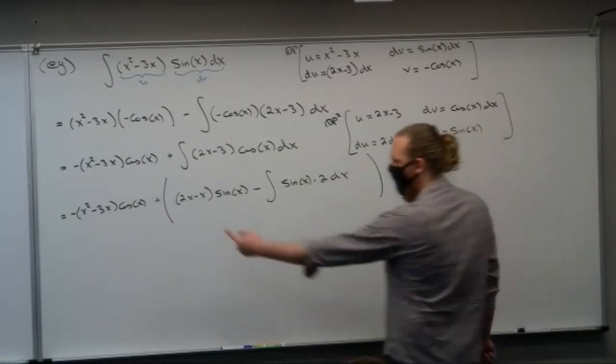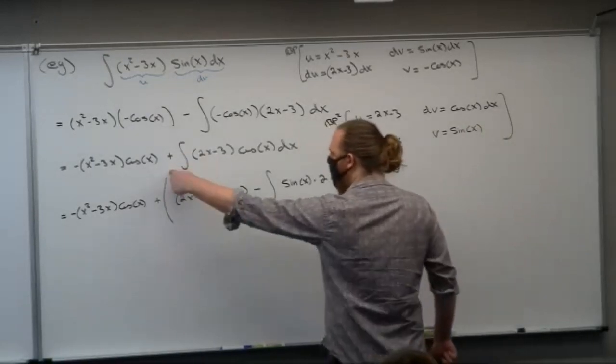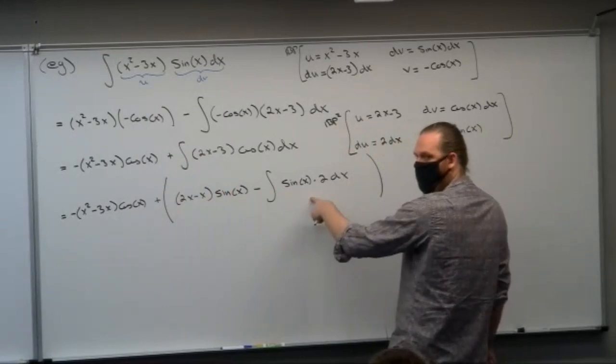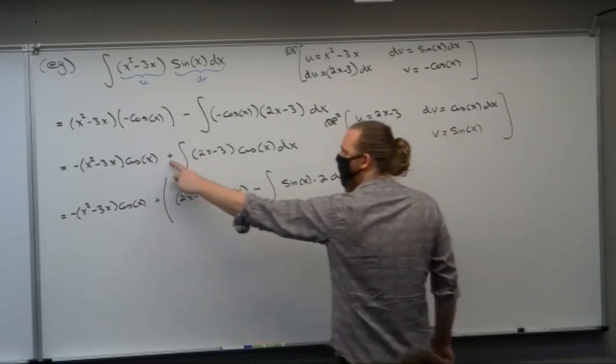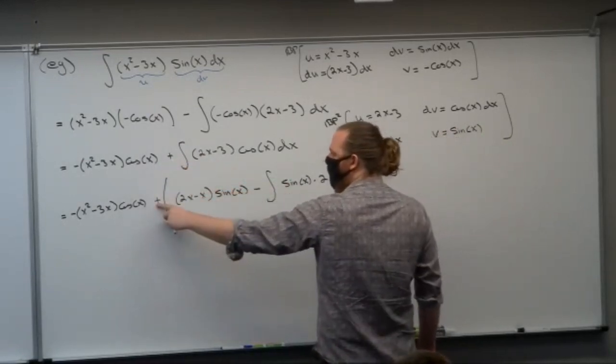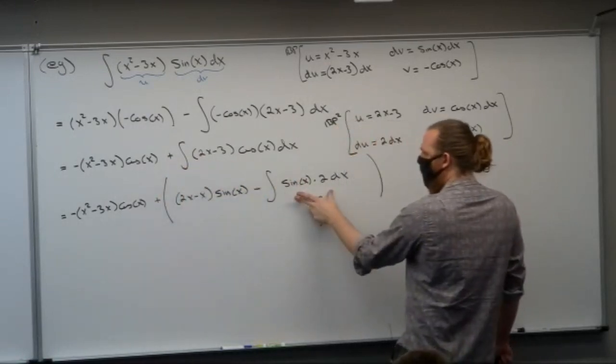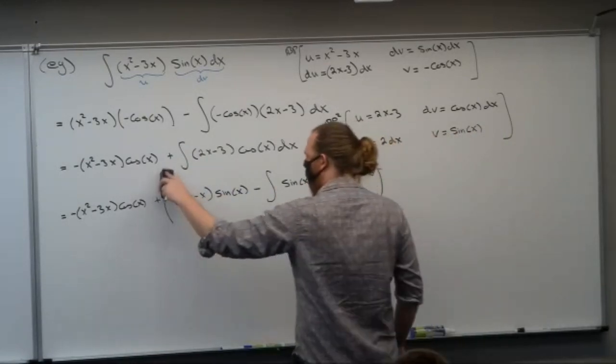Again, if there was a negative here or a constant we had popped out or anything like that, we would need to distribute it to everything. If this was a minus instead of a plus, this would be a minus instead of a plus, and it would have to be distributed to this and to this. But there is one.